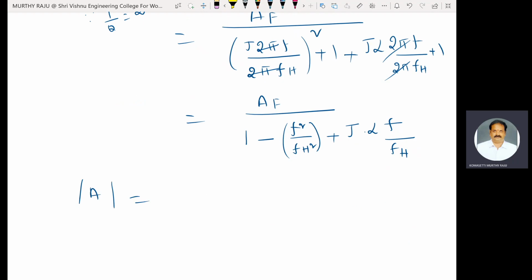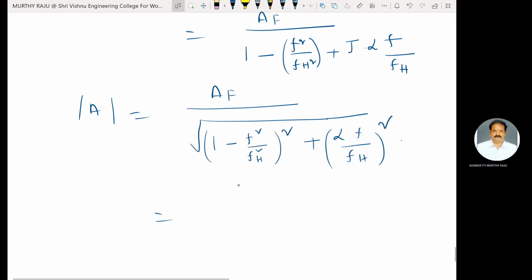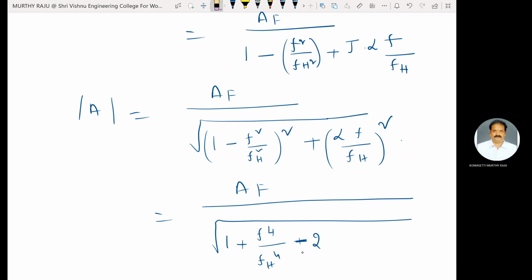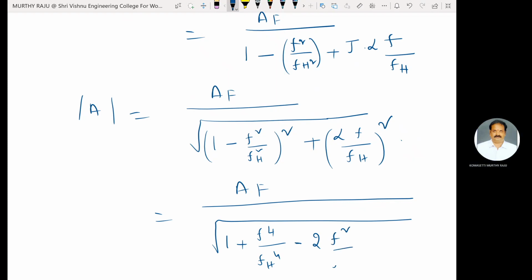Mod A is equal to mod A_F, that is A_F by square root of (1 minus f squared by f_H squared) whole square plus (alpha f by f_H) whole square, that is equal to A_F by square root of: a squared, 1 squared is 1, plus b squared means f power 4 by f_H power 4, plus 2 minus 2ab, here minus 2ab, that is minus 2 f squared by f_H squared, plus here alpha squared f squared by f_H squared.